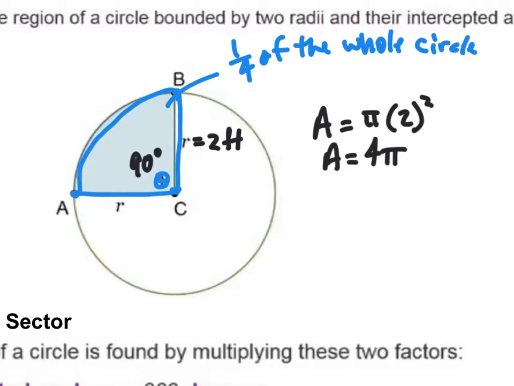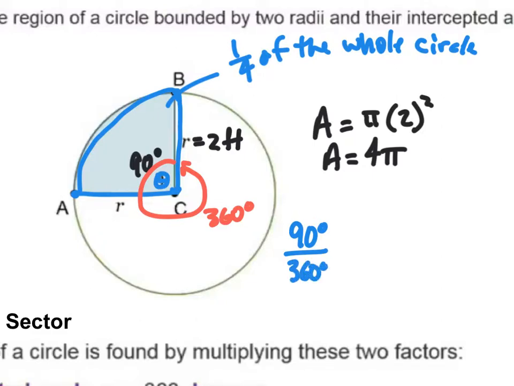My total degrees in a circle is 360 degrees, and I'm taking 90 degrees of that 360, so my portion becomes 90 degrees divided by 360 degrees, which is equivalent to 1/4.